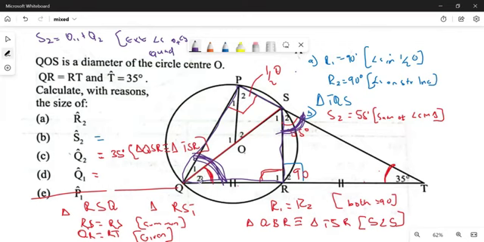What is this angle here? 85. So what should we put here such that these two are equal? This is going to be 20. So Q1 is going to be equal to 20. And the reason we're using here is opposite angles of a cyclic quad. No, it's not opposite angles. It's the exterior angle of a cyclic quad. Sorry about that. So these two are equal because we have the exterior angle of a cyclic quad.